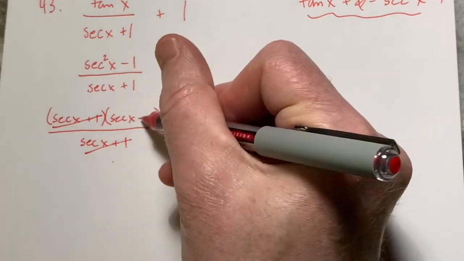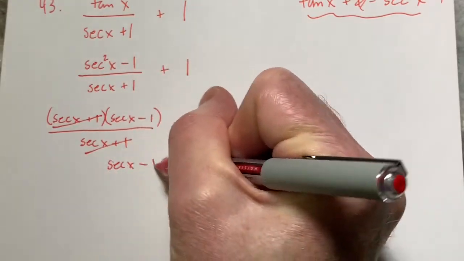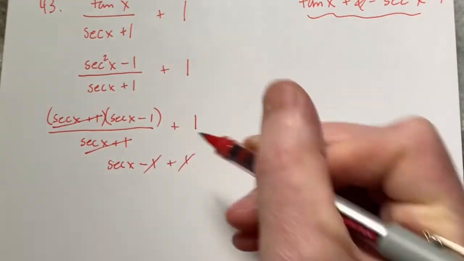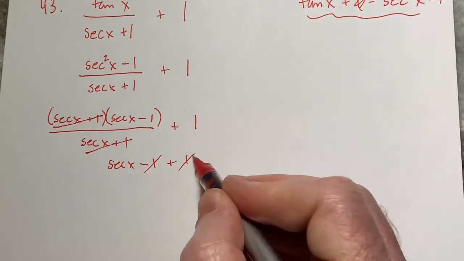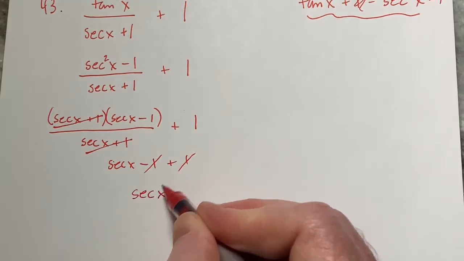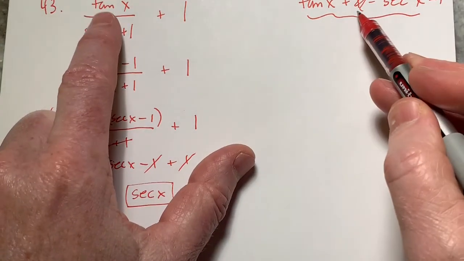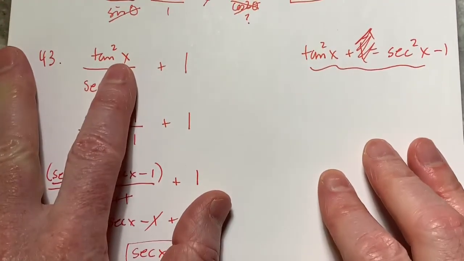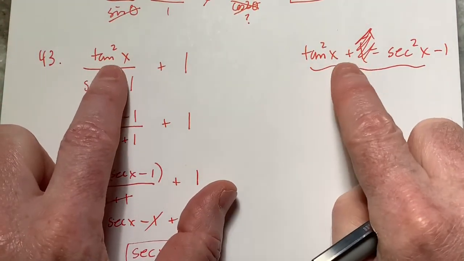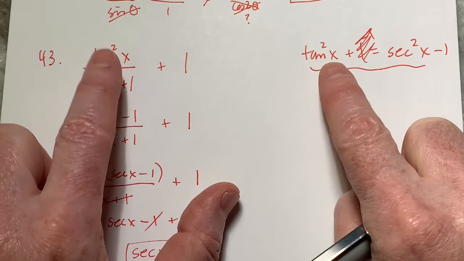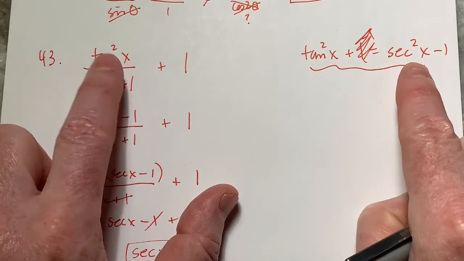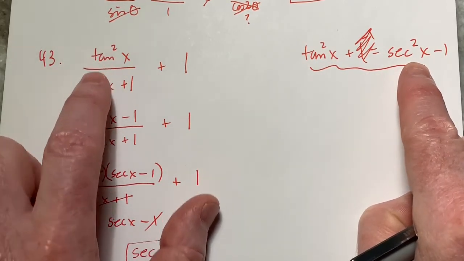I have a secant x minus 1 plus 1, which now adds whatever it subtracts together and leaves me a secant of x. All right, so you could have treated this like a factoring problem. I replace it with a Pythagorean identity at the get-go, and I know to do that because I recognize that this Pythagorean identity includes a secant squared, and there's a secant there, so I have some hope there.